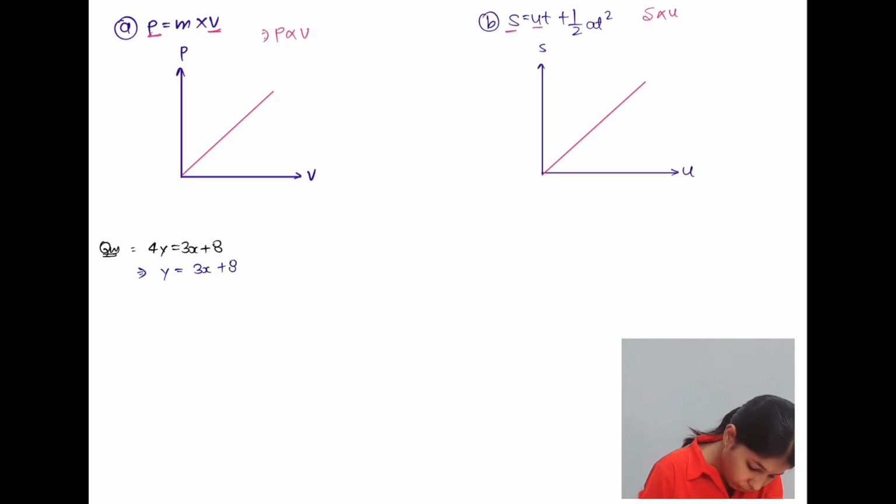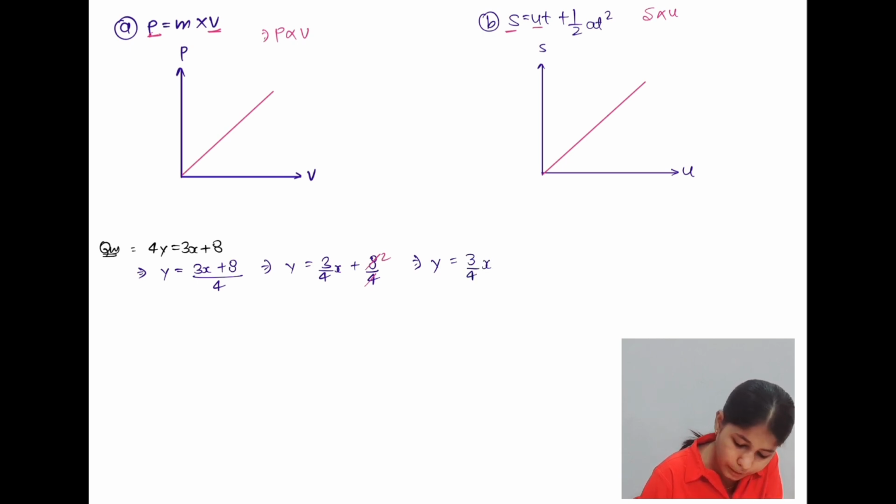Now this 4 will go here and divide. Then you just have to solve: 3 by 4 x plus 8 upon 4. Can I cut 4 into 8? So here what you will get: y is equal to 3 by 4 x plus 2.